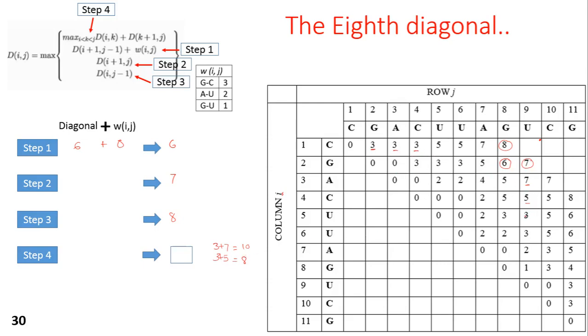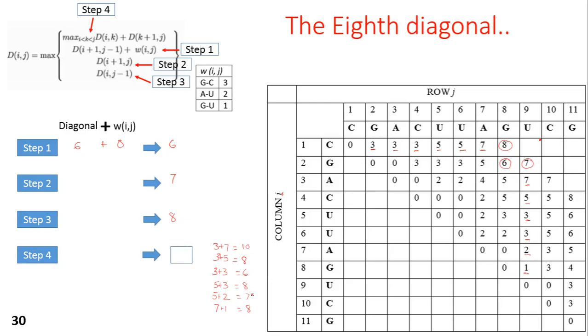And again 3 plus 3 would be 6. 5 plus 3, it would be 8. And again 5 plus 2, it would be 7. Then again 7 plus 1, we have got 8.